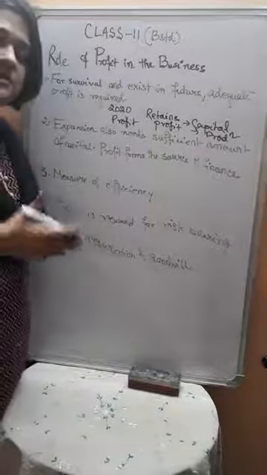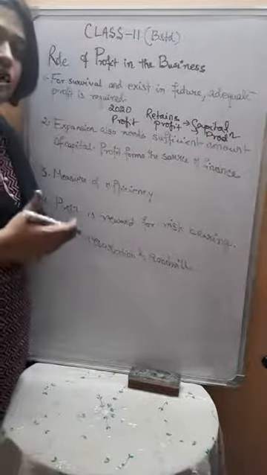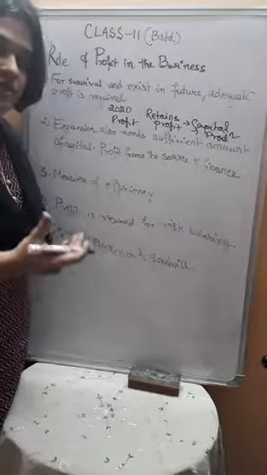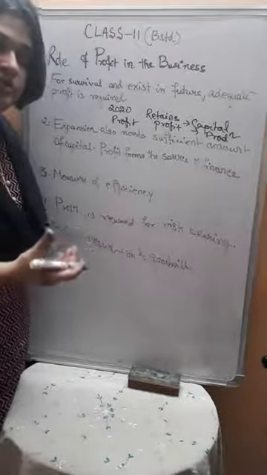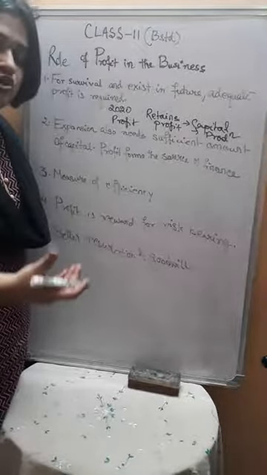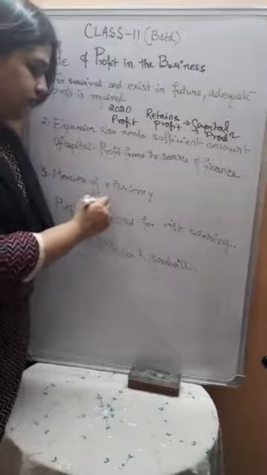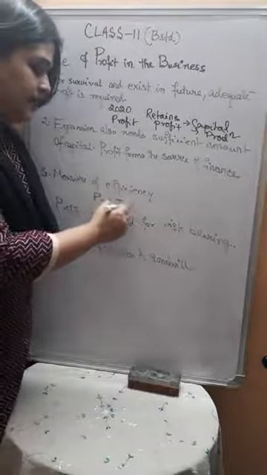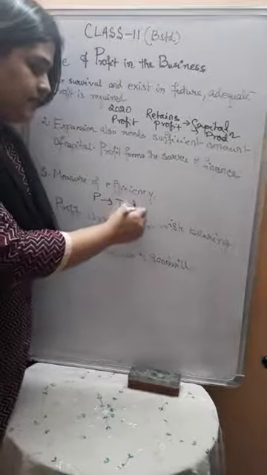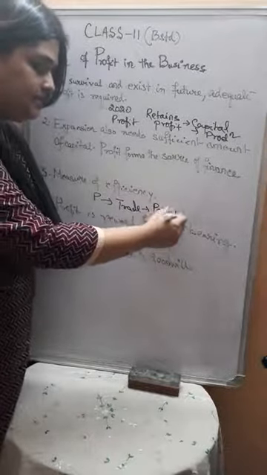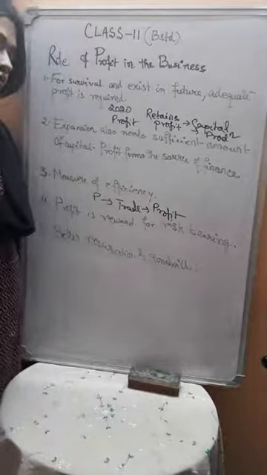Number three, measure of efficiency. Now, whether a business is running good or bad, how will you understand? You will understand from measuring the amount of profit it realizes at the end. So first it starts with production and then it conducts trade and it makes a profit from the sale, or it makes profit through trade.